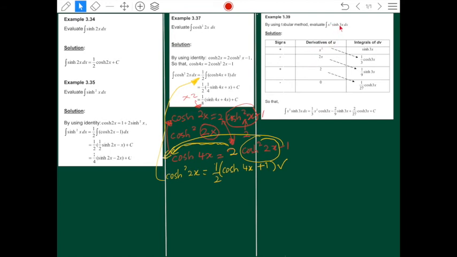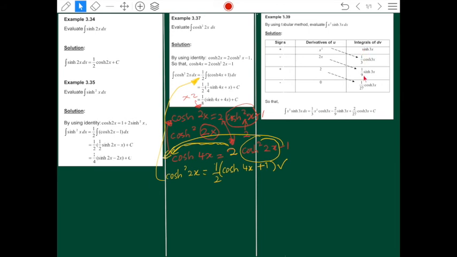Since this is an algebraic function multiplied with a hyperbolic function, you need to remember that we pick the algebraic function as u, so we differentiate it until we get 0. Once you get 0, we stop here and proceed with the integrals of dv, which is hyperbolic sine 3x.